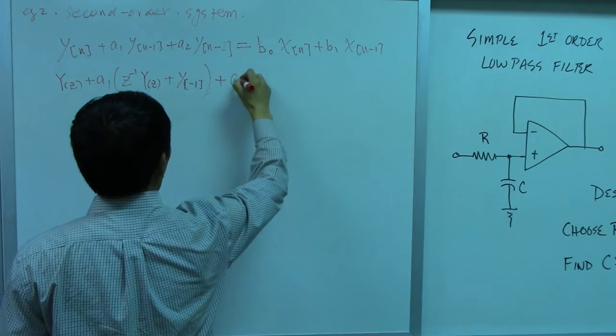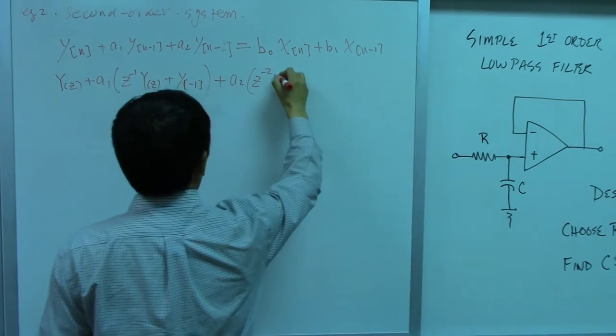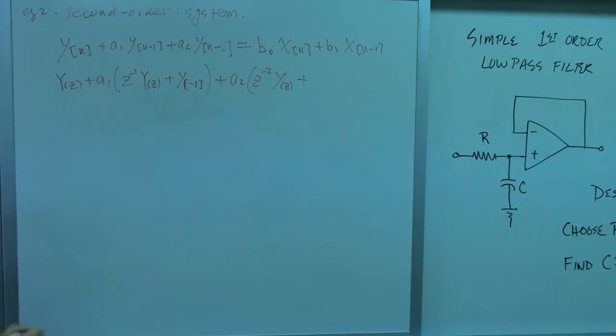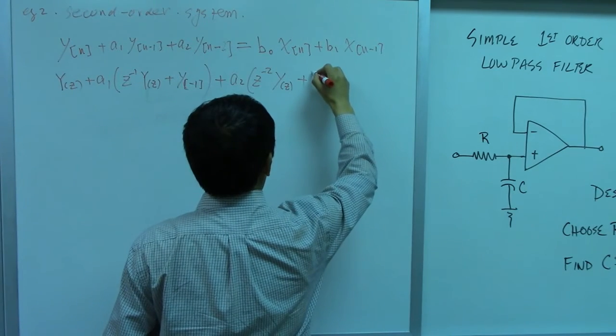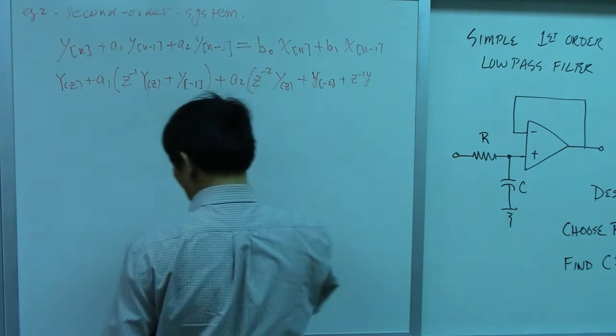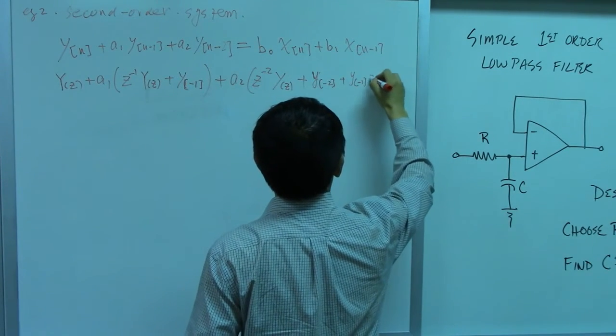And for this term it is a2. What is this? z to the -2 Y(z), then plus y[-2] plus z to the -1 y[-1]. We put the constant before that.